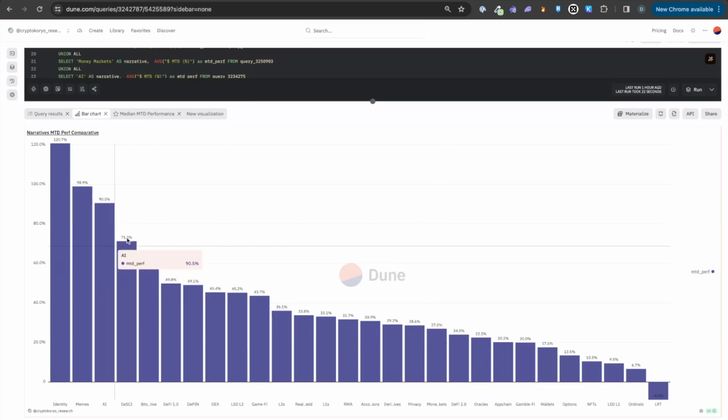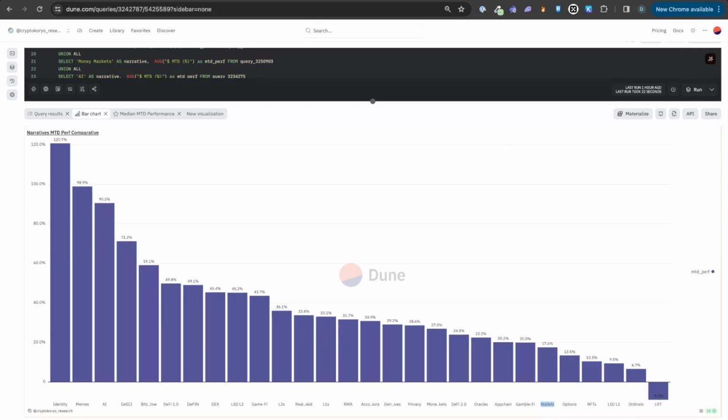And this is a very consistent behavior. It's not just this month, it's every single month they are on the right side of the chart. This is very easy to see on the wallet tokens, things like Trust Wallet, TWT, or Coin98, or these kinds of tokens.